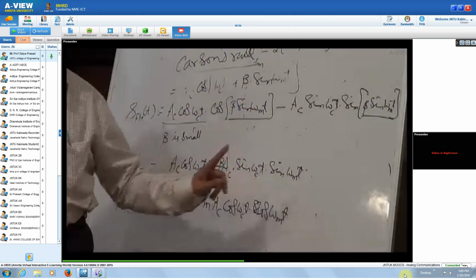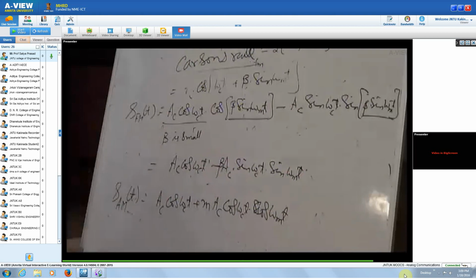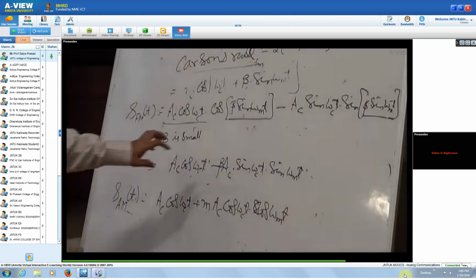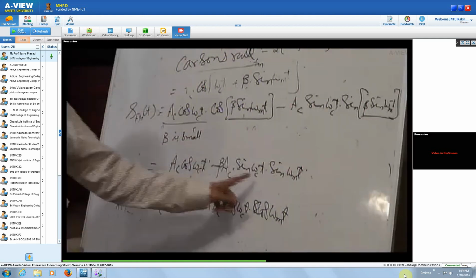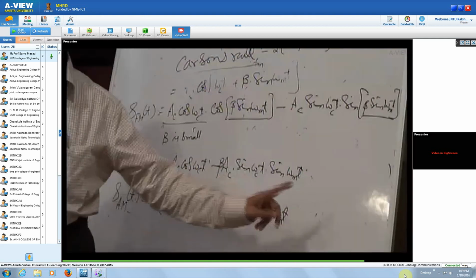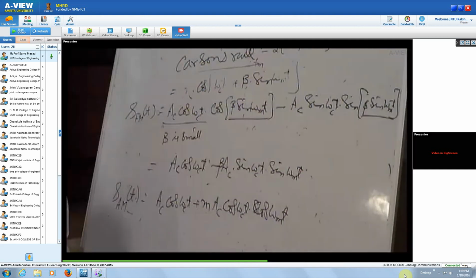And cos A into cos B gives you cos A plus B plus cos A minus B. That means you are going to get again omega C plus omega m and omega C minus omega m, 2 side bands.